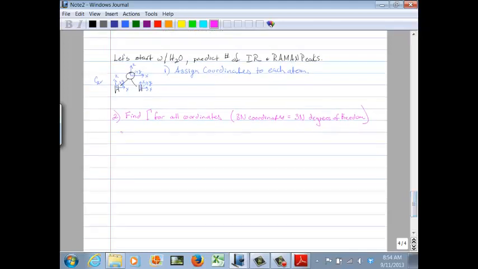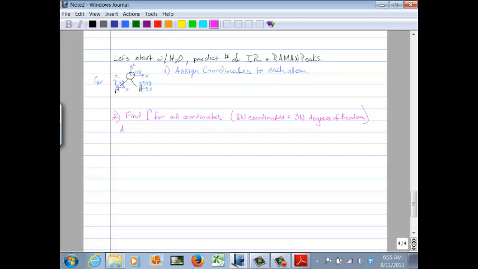When we assign characters to the coordinate axes, it's very similar to assigning the characters to any reducible representation. We're going to assign a 0 if the atom moves at all. So if the atom moves away from its origin, literally the origin of the coordinate system that we drew, it's a 0.